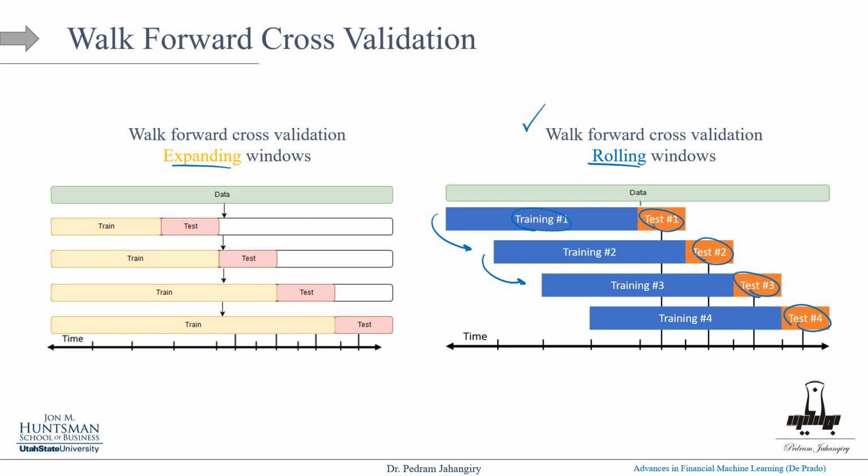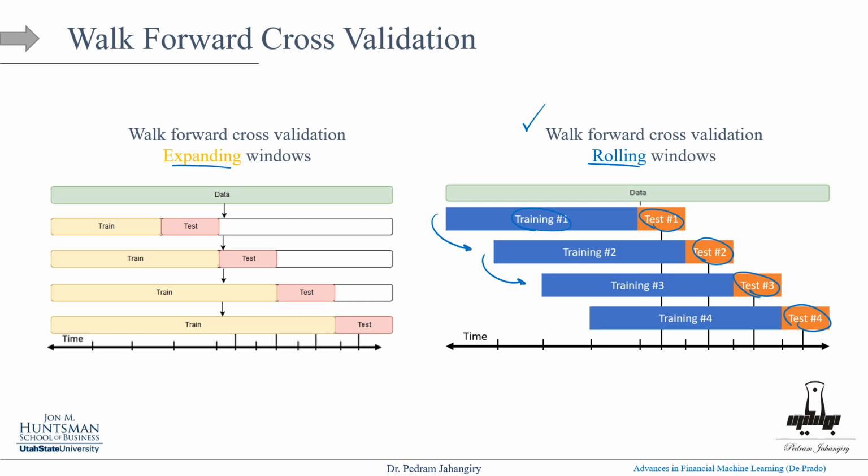We are going to use this sliding walk-forward cross-validation when we have a large number of observations, and to avoid structural changes over time in the series, we would use rolling windows, right? Especially when it comes to the stock market, Apple 10 years ago is different from Apple today, right?